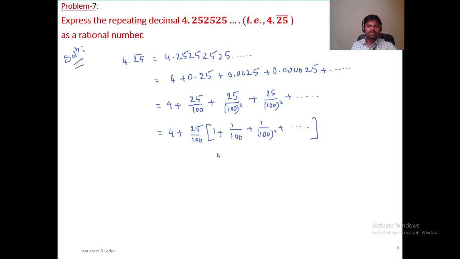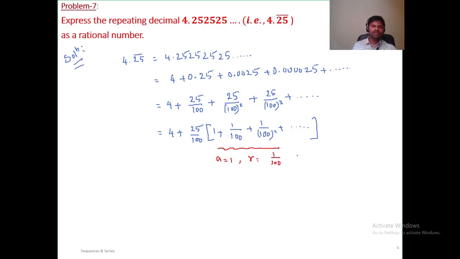You observe these terms here. This is a geometric series with A equal to 1, the first term is 1, and what is the common ratio? R is 1 by 100. Remember, it should be an infinite series. Therefore it's a perfectly geometric series.